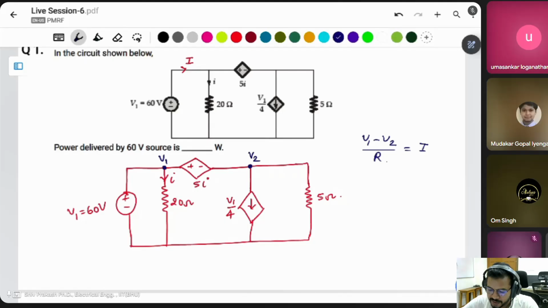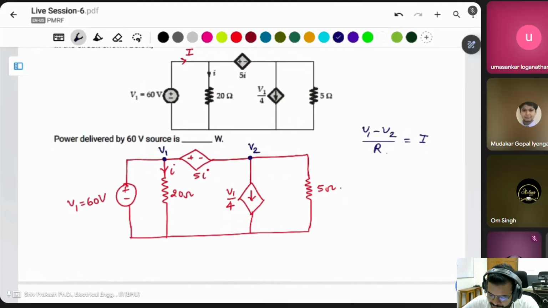That type of connection is seen as the super node problem. In this case, you have to check the current. Current is flowing from this side and this side, both are the same because of this V1 V2 voltage source. That's why the overall current supplied by this voltage source would be zero.